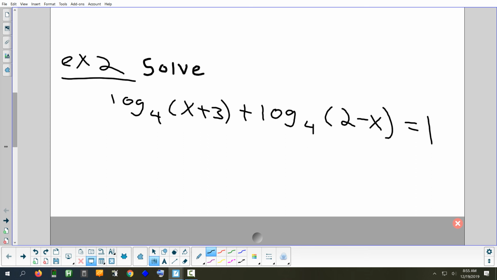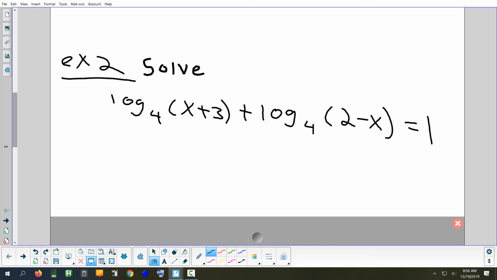Have a guess what we could check? Yeah, combine them into 1 log. So anytime you see 2 logs that are separate, try putting them together as 1 log. Don't worry about what the step is after that. Just try putting them together and then go from there.